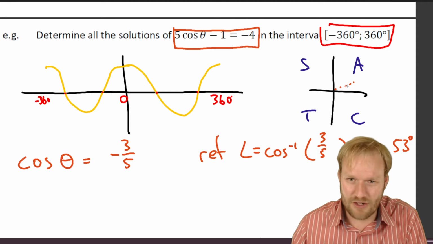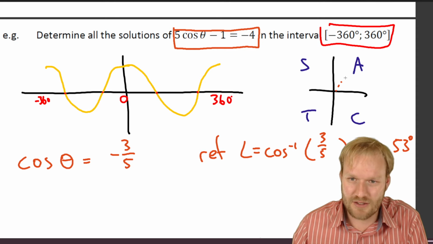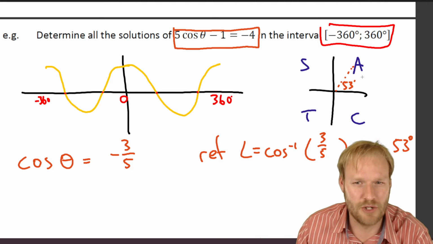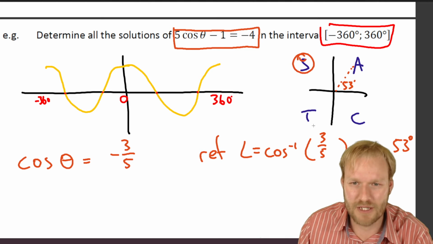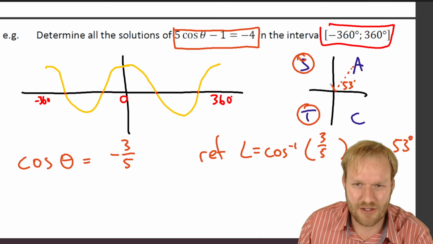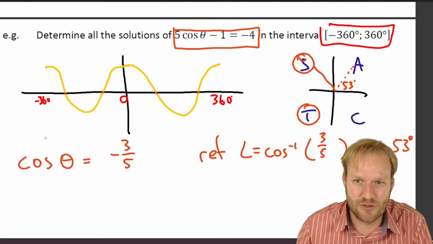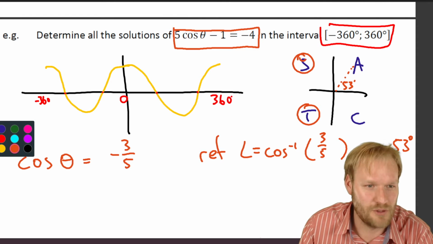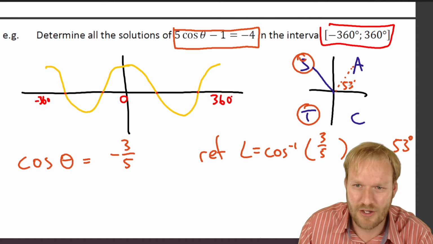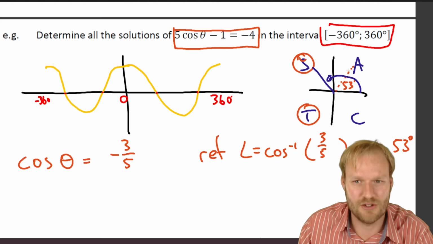Now, cos is negative. So as much as our reference angle is over here at 53 degrees, which two quadrants are we working in? Well, we must be over here and over here. So in other words, our two options, let's do one in this dark blue. So our one option is over there.